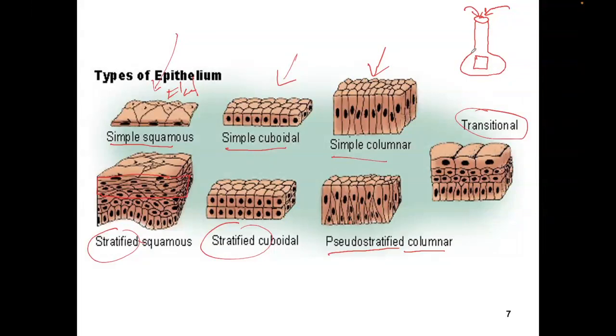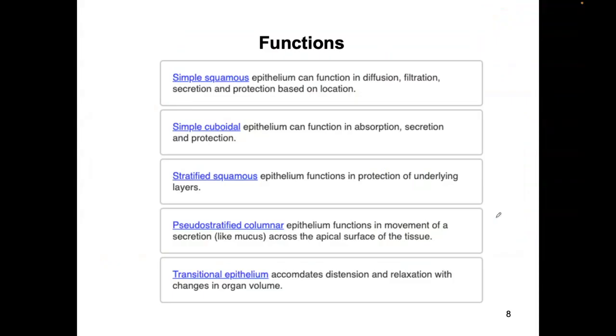It alters in shape. So whenever we have parts of the body where the organs can inflate or deflate, we're going to have transitional cells. So anything that has to do with the urinary tract, especially the urinary bladder, right? If the urinary bladder is filled with urine or distended or not, those cells are going to alter in shape.